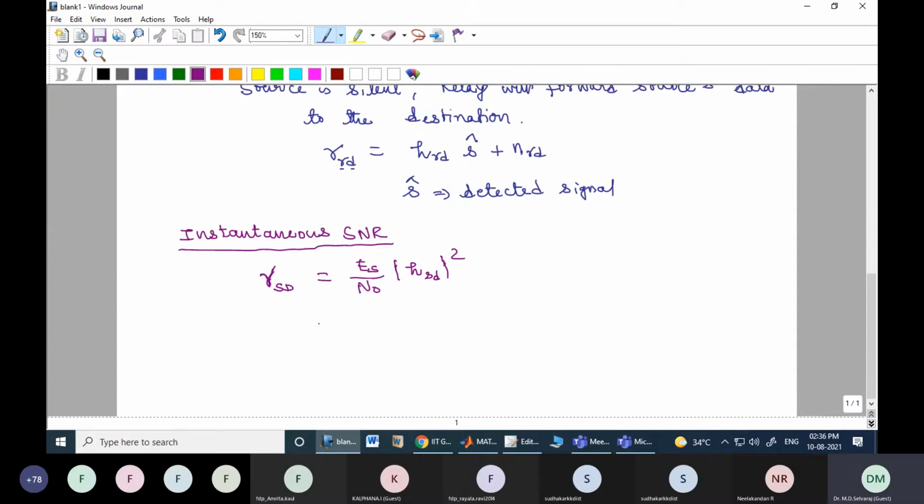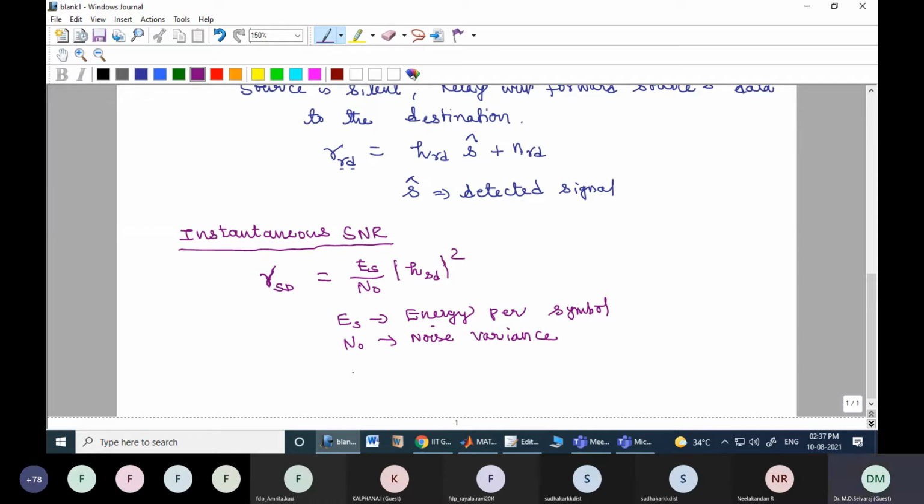What is this? ES is the energy per symbol. Suppose I am just transferring a BPSK symbol, that is the energy per symbol. N naught is the noise variance, the average noise variance.